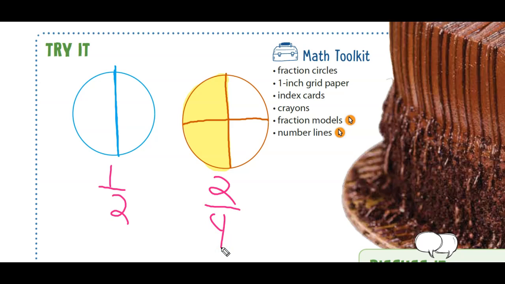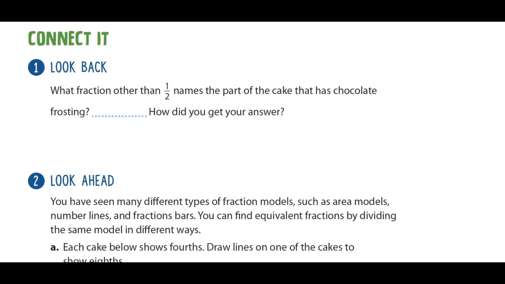Okay, so 1/2 and 2/4 are what kind of fractions? Starts with an E. Equivalent fractions. So what fraction other than a half names the part of the cake that has chocolate? What was the fraction that was equal to a half? 2/4.